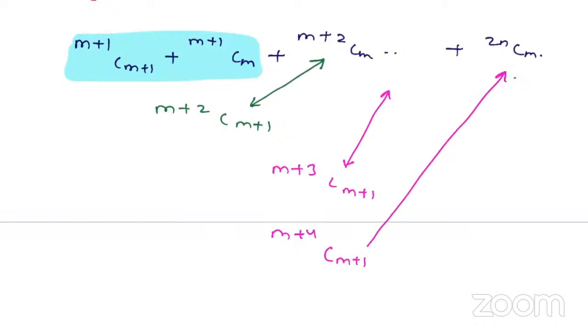Now adding with the last one, I'm getting, the previous to this one, 2n C M plus 1. And the last one, so one term will be there, 2n plus 1 C M plus 1.